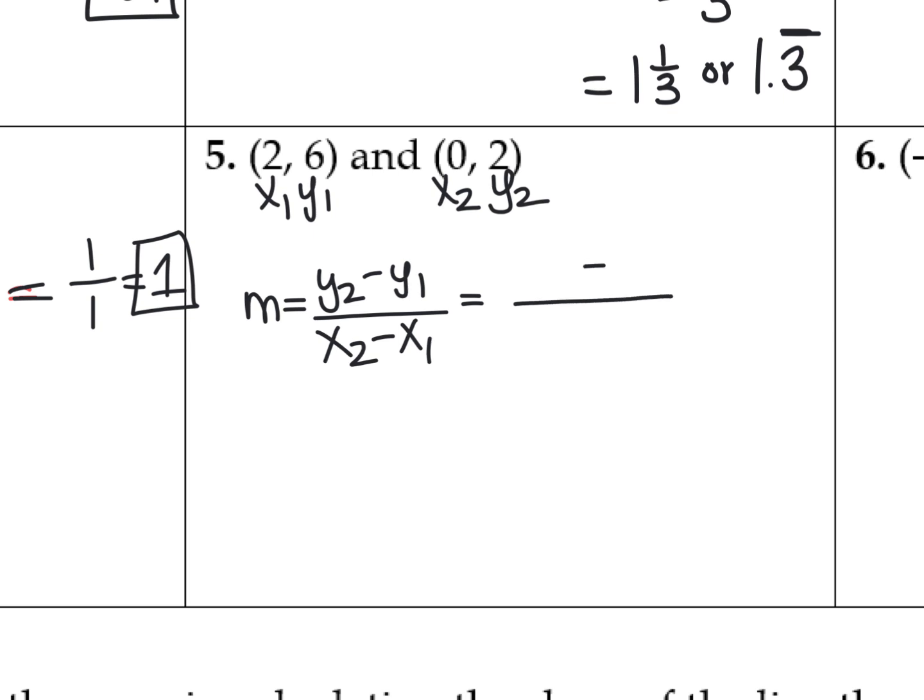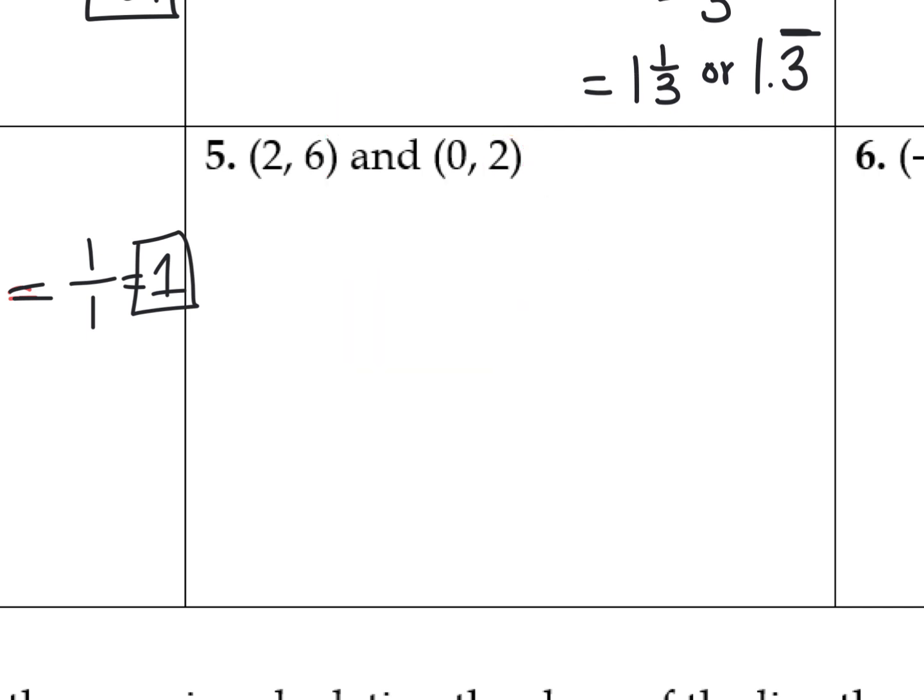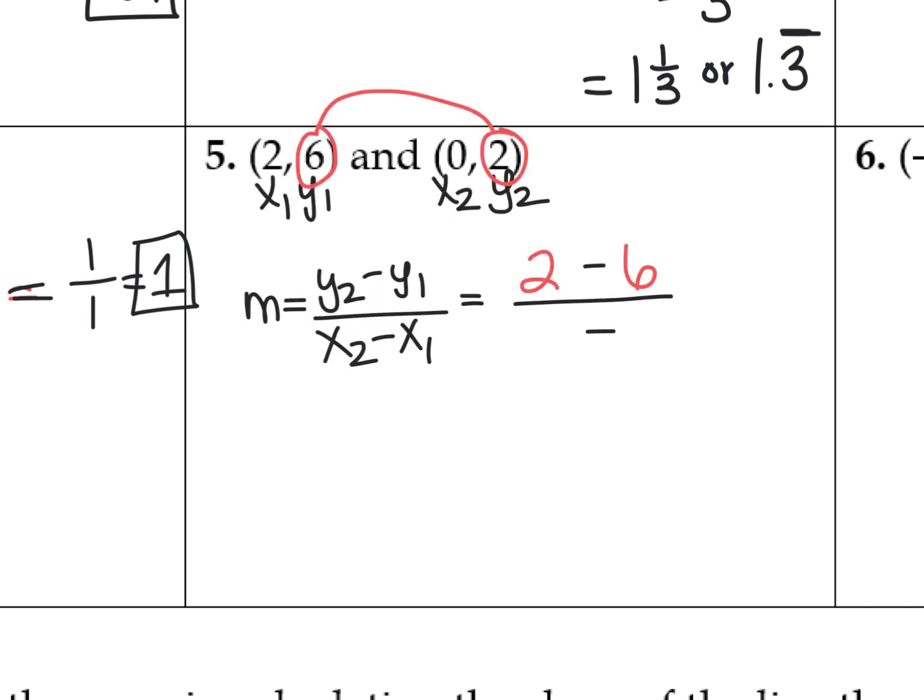And we fill it in. y2 is 2, minus our first y, 6, 2 minus 6, and then on the bottom, x2, our second x value, 0, minus our first x value, 2. 2 minus 6 is negative 4, and then 0 minus 2 is negative 2.